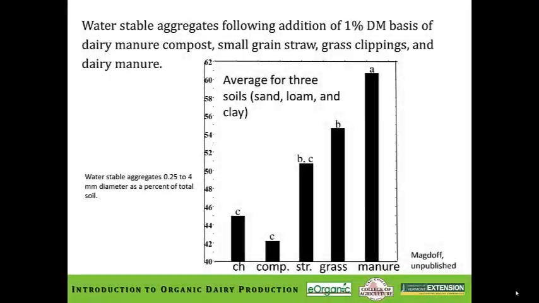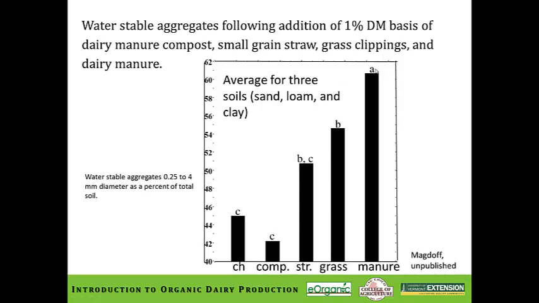This experiment is an example of how adding different types of organic matter to the soil can influence soil properties. In this particular example, water-stable aggregates were measured following the addition of 1% dry matter basis of dairy manure compost, small grain straw, grass clippings, and/or dairy manure.